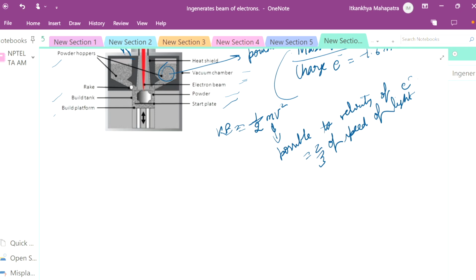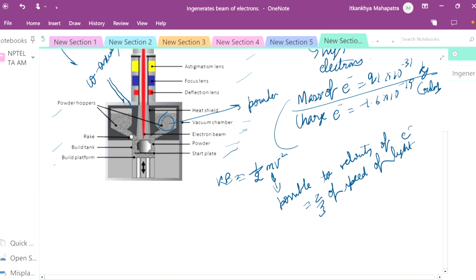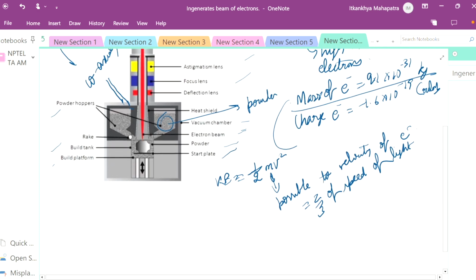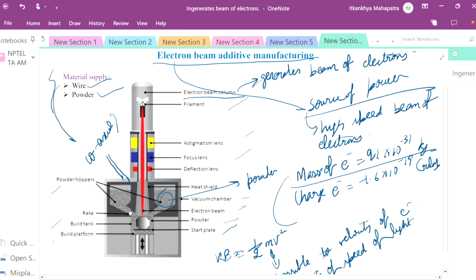So we can summarize that the energy which is getting generated is because of the high velocity of the electrons. This is a very important concept.